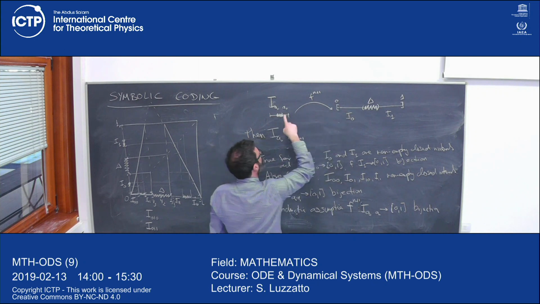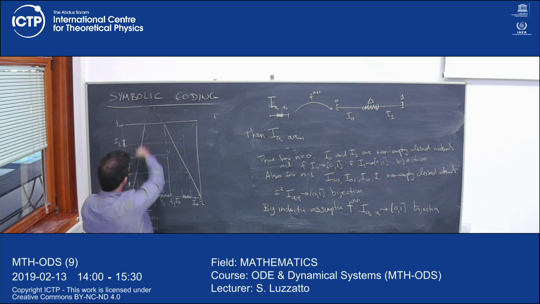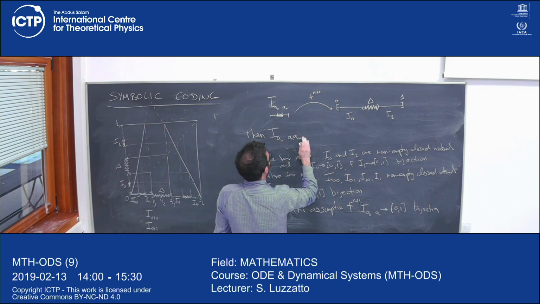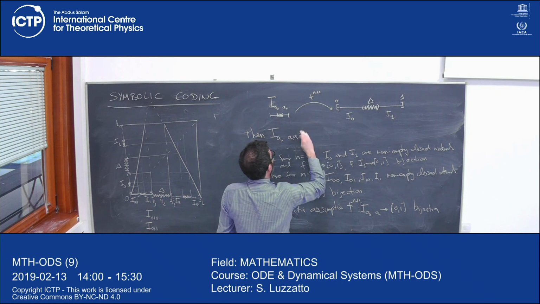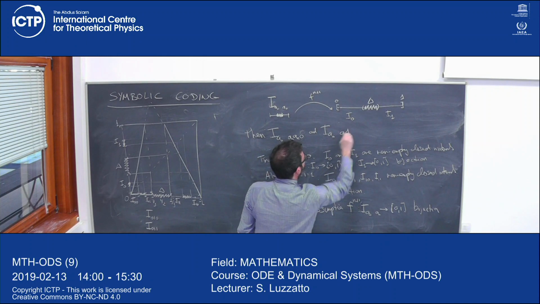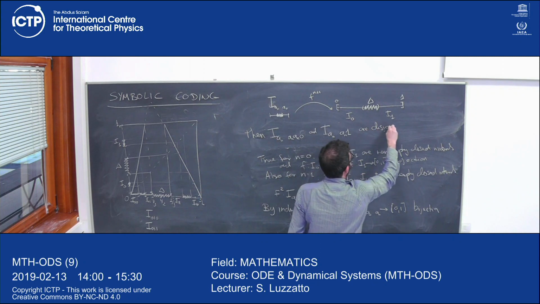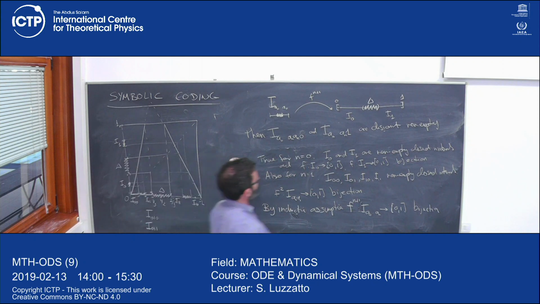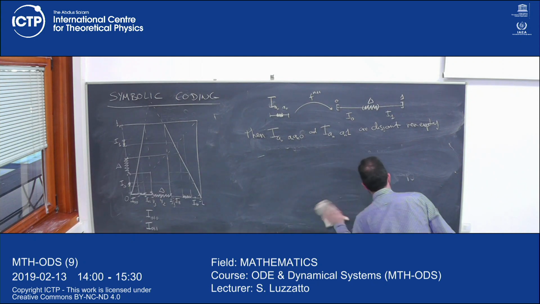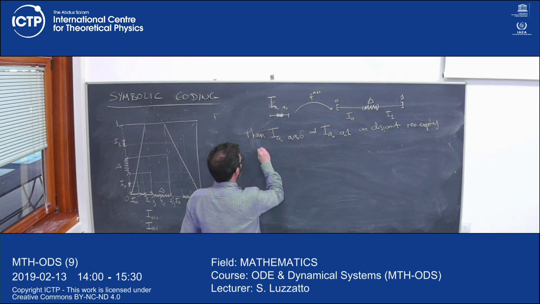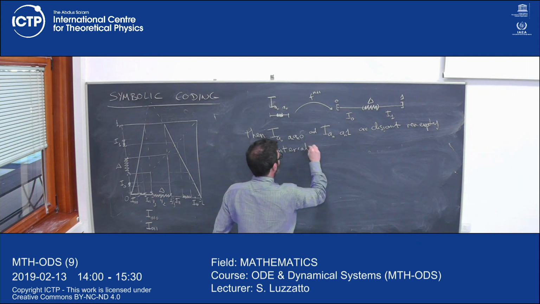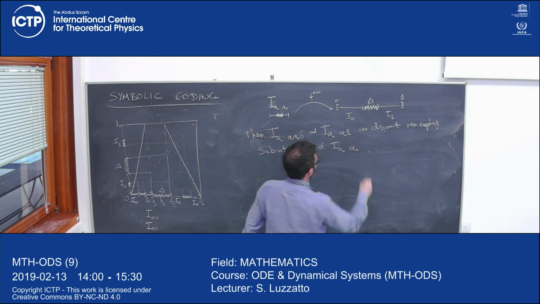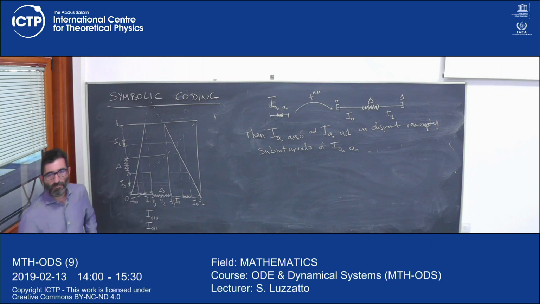And either this maps to I0, and this maps to I1, or vice versa, depending on whether it's orientation preserving or orientation reversing, and then we will have that IA0, AN0 and IA0, AN1, okay, are disjoint, non-empty subintervals of IA0.